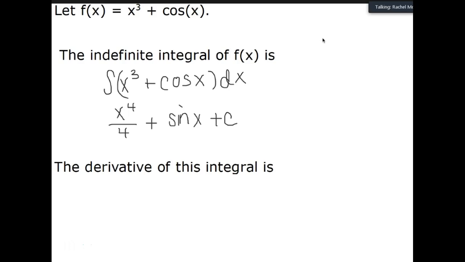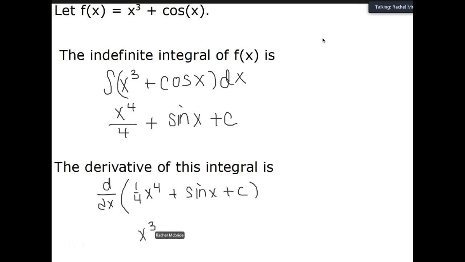So if you take the derivative of that, that's like saying d dx of 1/4 x to the 4th plus sine x plus c. So we know that the derivative of 1/4 x to the 4th is 4 times 1/4, which is 1, x cubed.